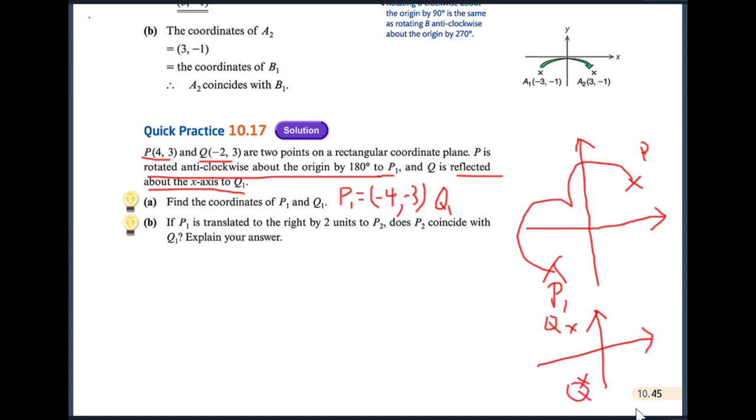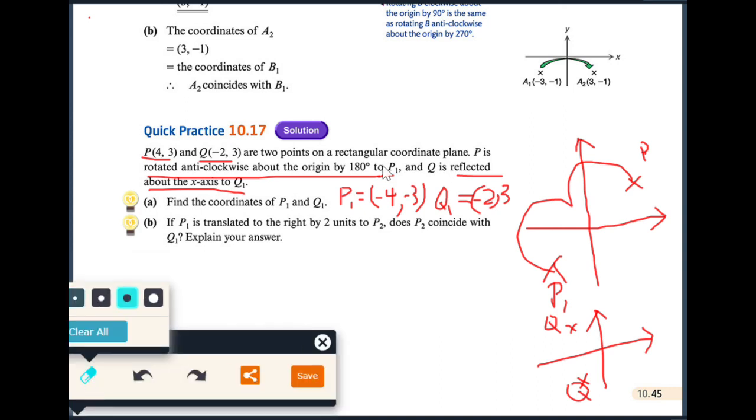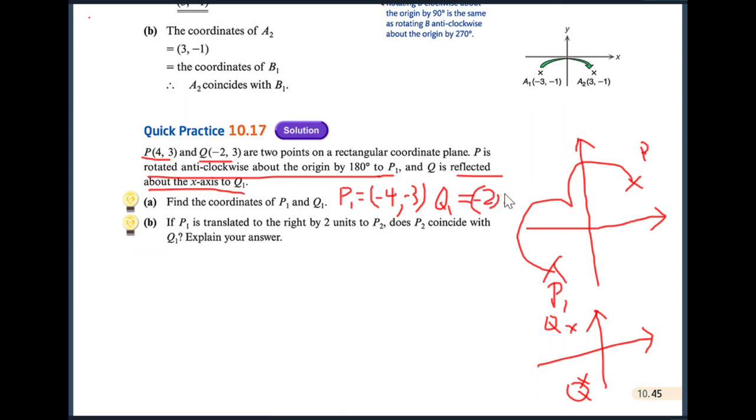And of course, you find out that the x coordinate has no change, but the y coordinate will have a negative sign. So Q1 is -2, -3.